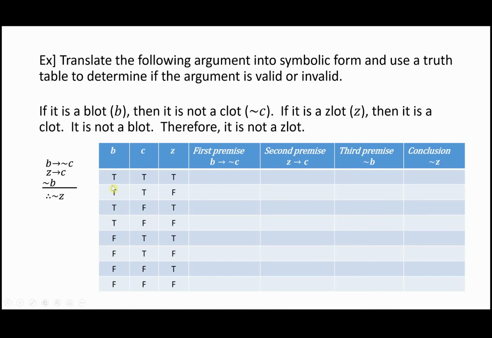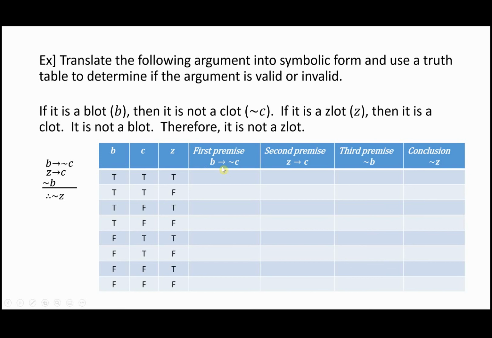There are 3 because we have 3 different letters, B, C, and Z, and that makes for 8 different rows in the truth table, because there are 8 different combinations of T's and F's. You always have 2 to the however many statement components power, 2 to the third power being 8. Hopefully that's a little bit of a review on why it's as big as it is.